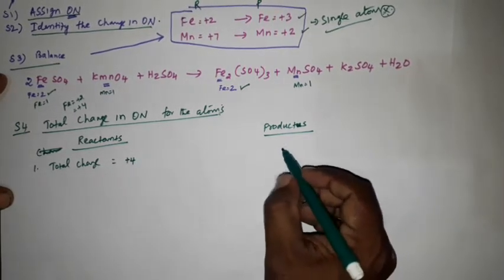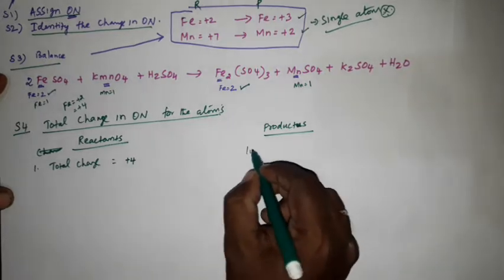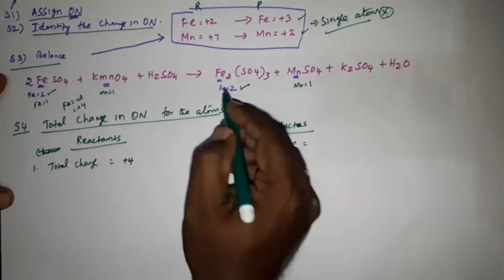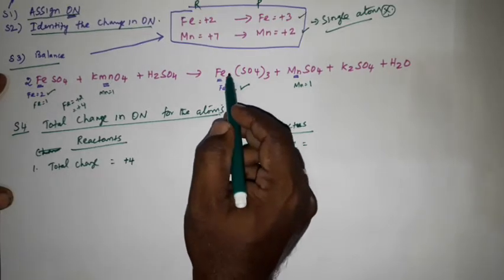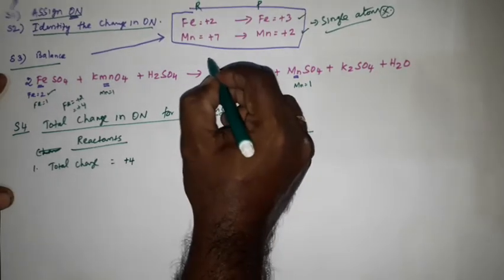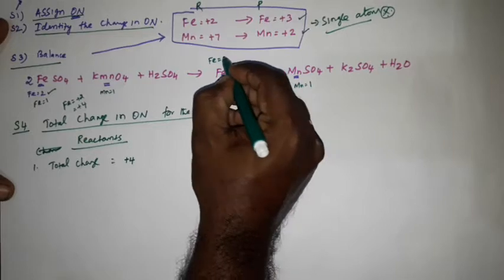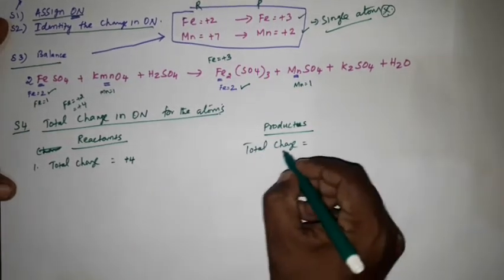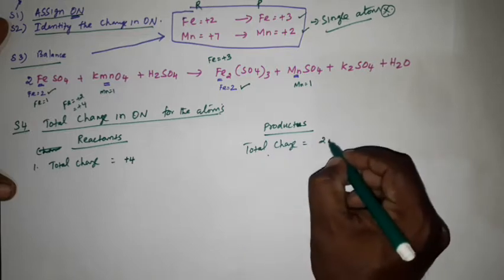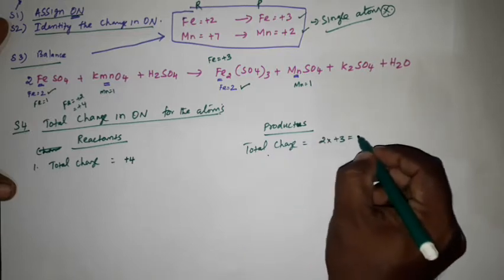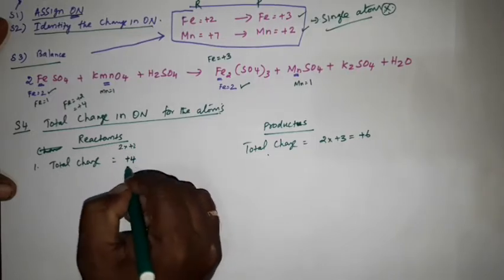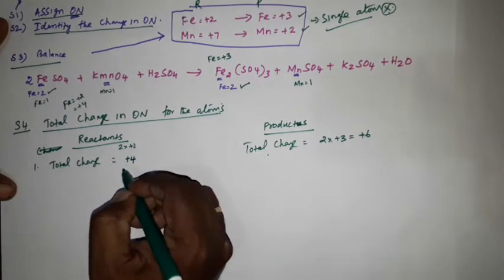Then product side, you see, total change equals, there are 2 Fe atoms here. For one Fe atom, oxidation number is plus 3. So 2 into plus 3 it will come plus 6. Here 2 into plus 2 it is plus 4. Right.